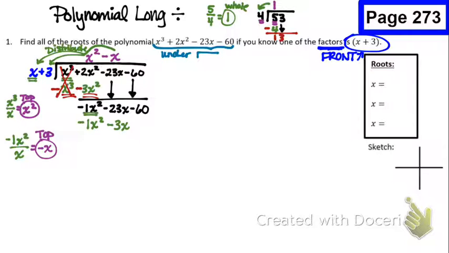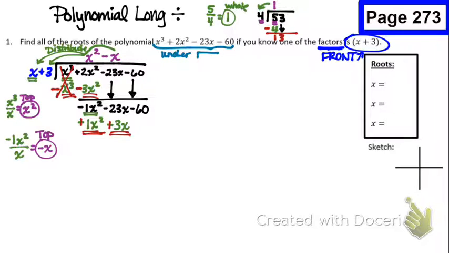After we distribute, what do we need to do? Subtract. How many things do I have here? 2 things. I've got this and I have this. I'm supposed to subtract them both, but they already have minuses in front. What happens when you subtract something that already has a minus? It becomes a positive. So I'm going to change this to a positive, and I'm going to change this to a positive.